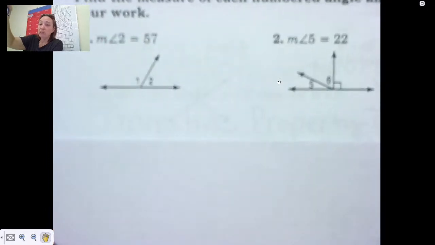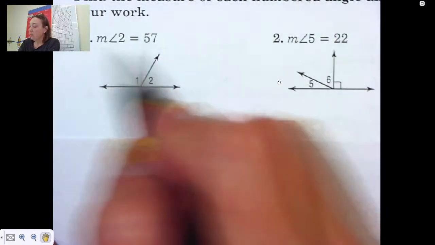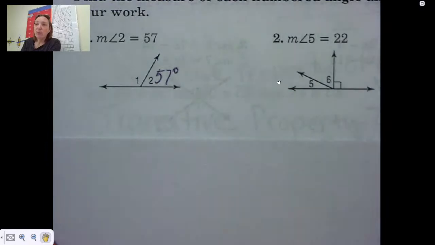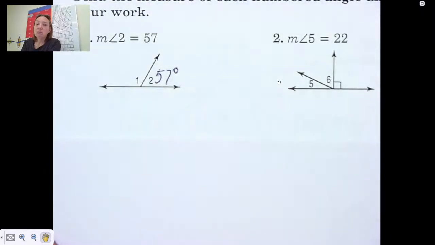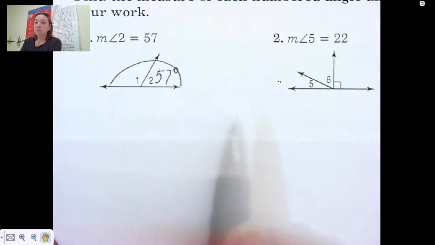What would our reasoning be? So that's going to be like a theorem, okay? So on this right here, they tell us that the measure of angle 2 is 57 degrees. Tell me what you know about these angles. They're adjacent? Yes. What do they make? Let me rephrase that.